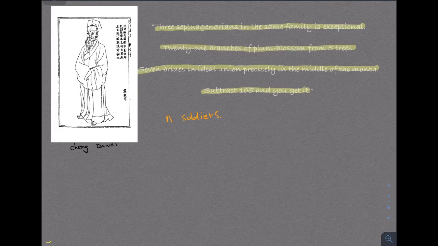And suppose A is the remainder of n divided by 3, B is the remainder of n divided by 5, and C is the remainder of n divided by 7. So we can write it like this: n is congruent to A mod 3, n is congruent to B mod 5, and n is congruent to C mod 7.